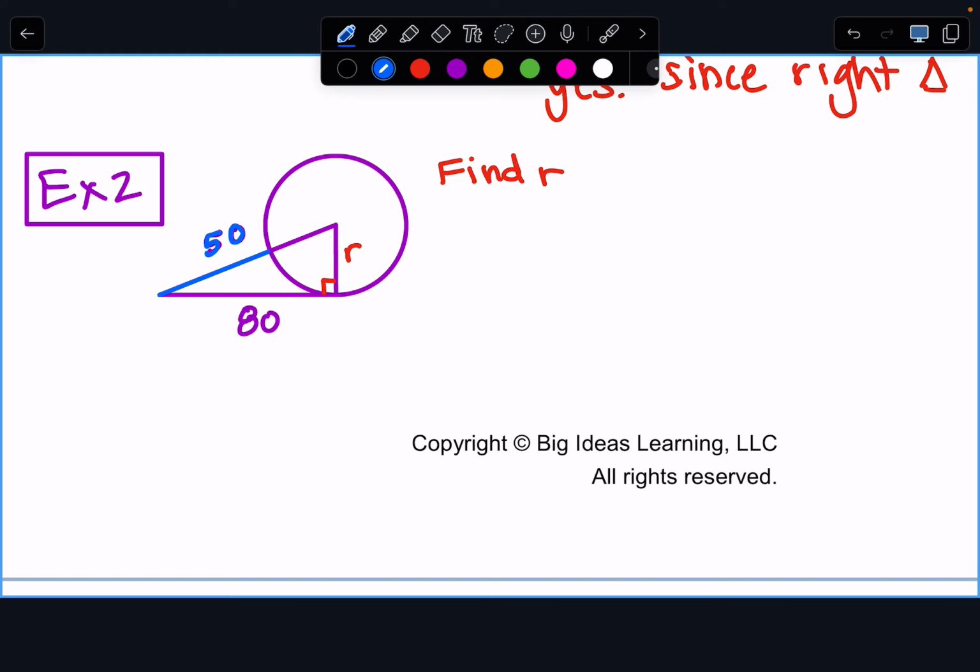So how long is the hypotenuse? 50 plus r. So what we have here is r squared plus 80 squared equals 50 plus r, the quantity squared.